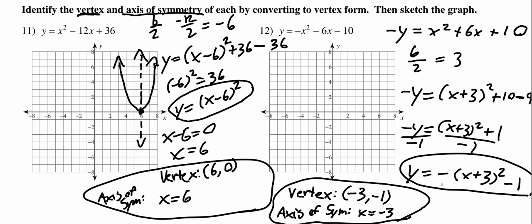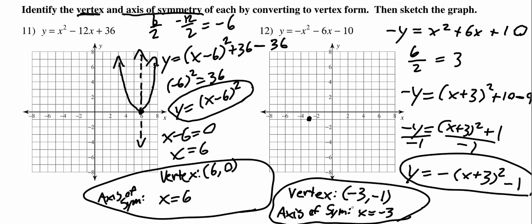Question 12, let's graph this one. So we know that the vertex is negative 3, negative 1. So let's graph that. Negative 3, negative 1, negative 2, negative 3. So right here, and then negative 1. So our point's going to be right here. So which way does this graph open?